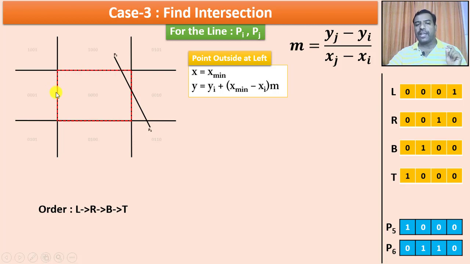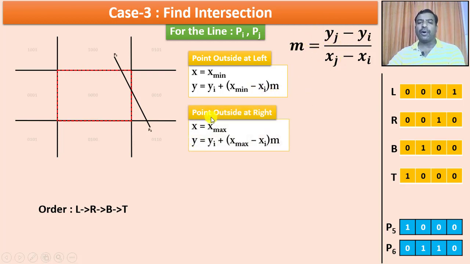So if a point is outside of the left boundary, I am going to use this equation to find the new intersection point. That is, x will be equal to x minimum, and y will be computed as yi plus (x minimum minus xi) times m, where m is the slope of the line formed using this equation.